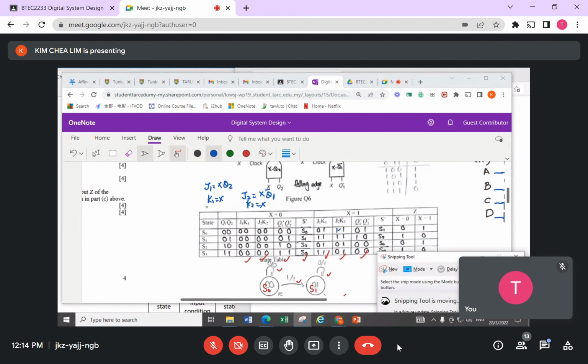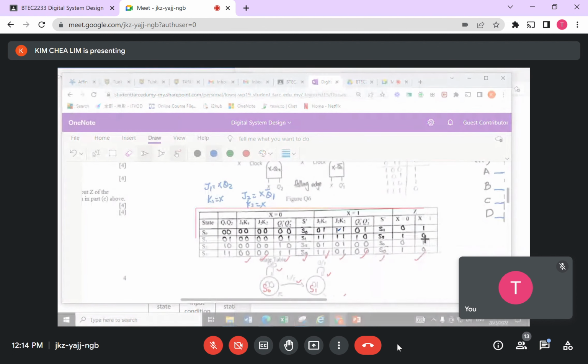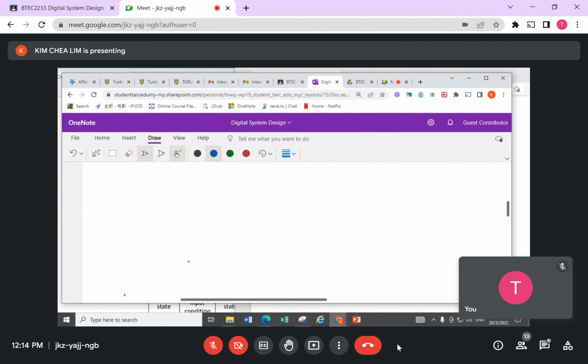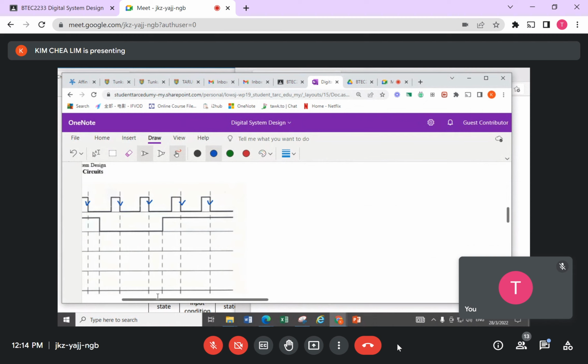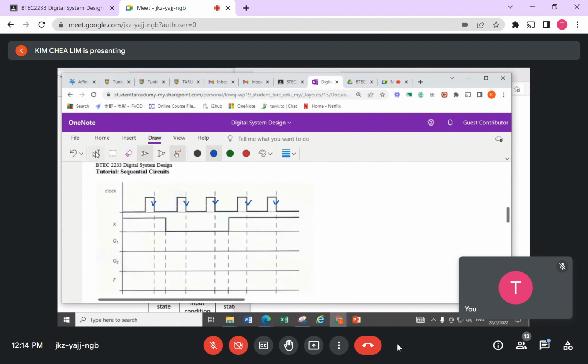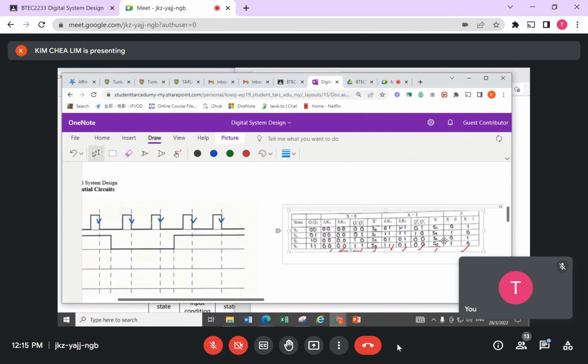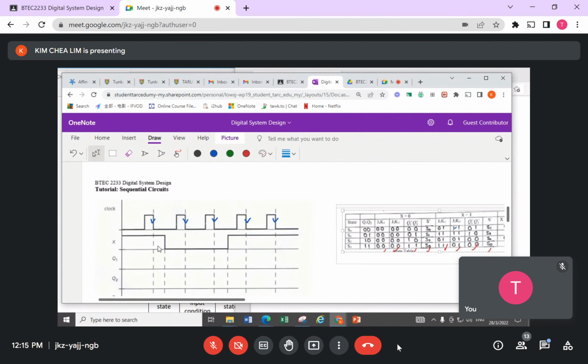Later on I delete. I need to fill up this part here based on this table.